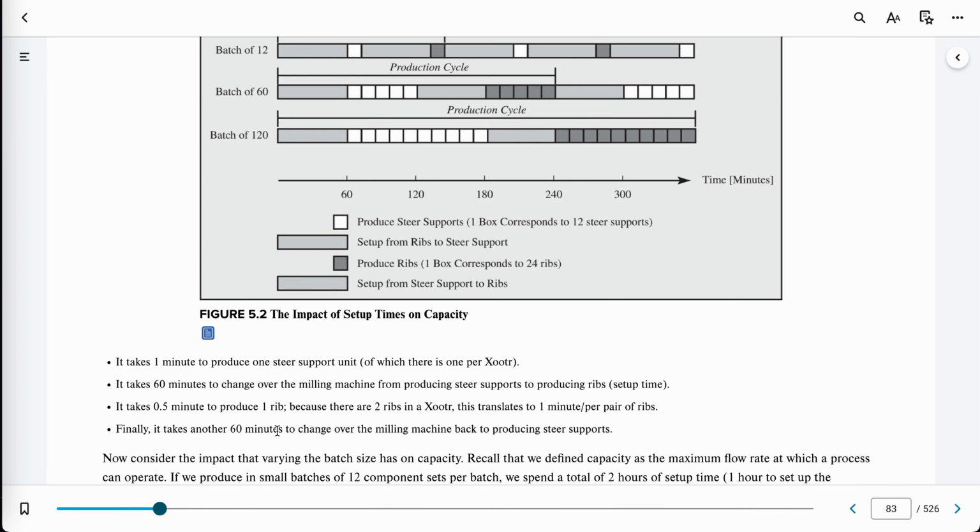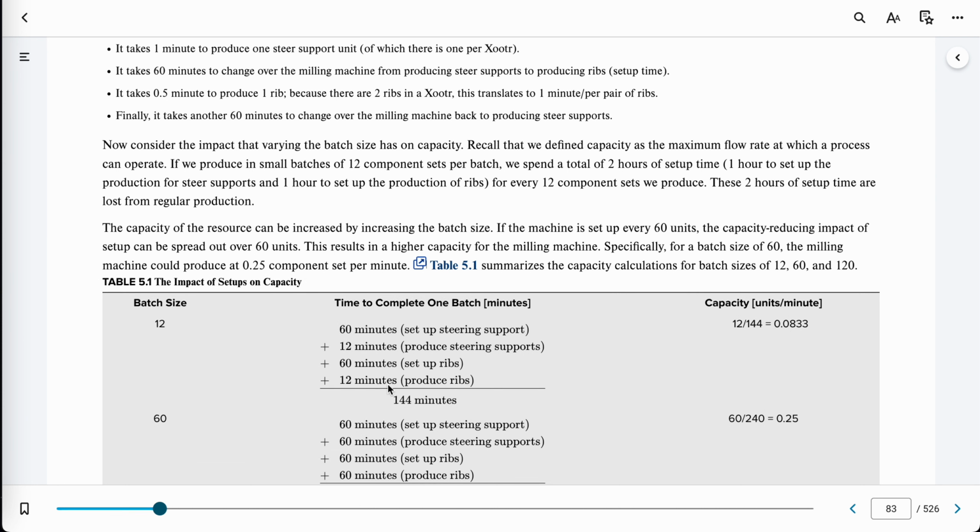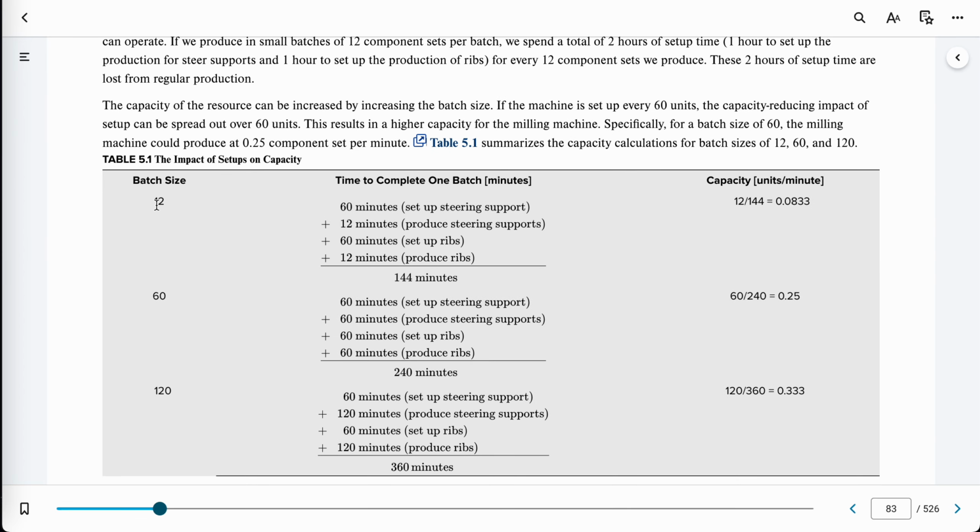So if we are producing in batches of 12, it's very easy to calculate the total time and the capacity, which is the number of units that you can make per minute. If the batch size is 12, then the total time is 144 minutes, because it's 60 minutes to set up the steering support, 12 minutes to produce 12 of them, 60 minutes to set up, and then 12 minutes to produce 12 pairs of ribs.